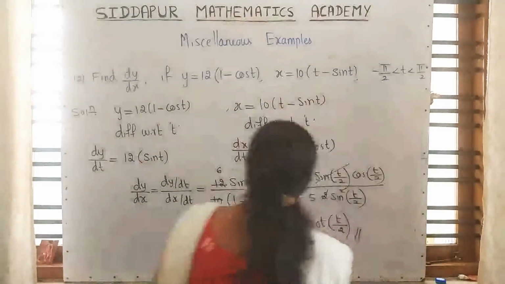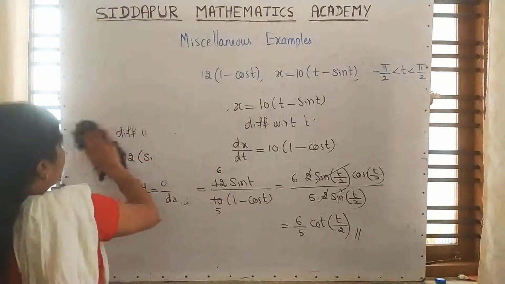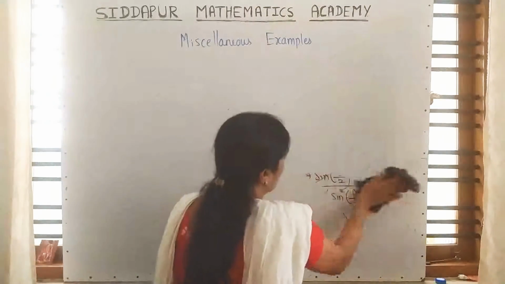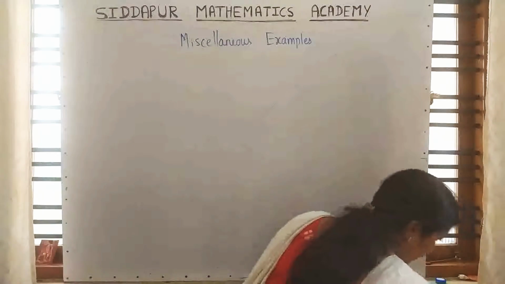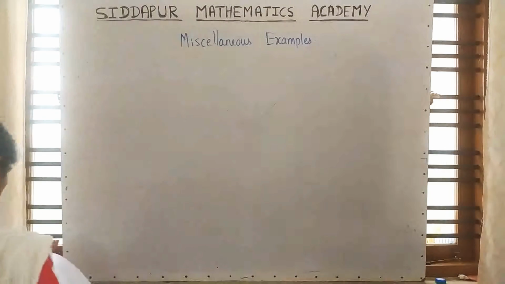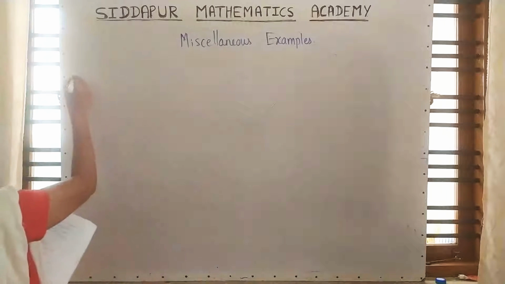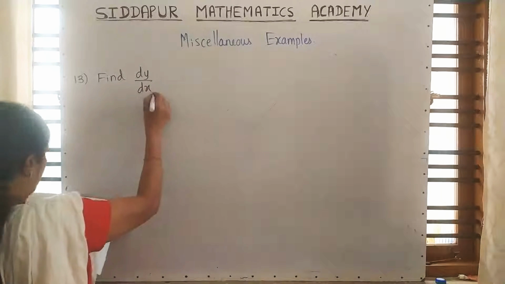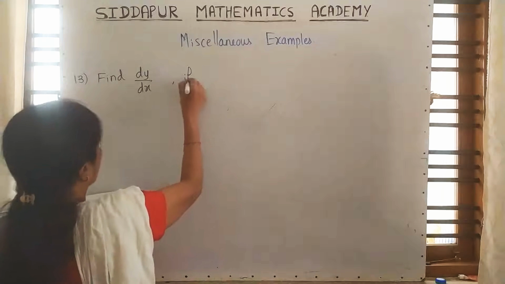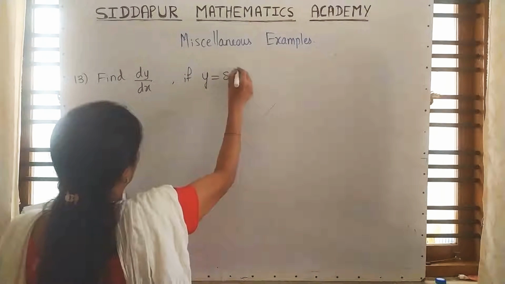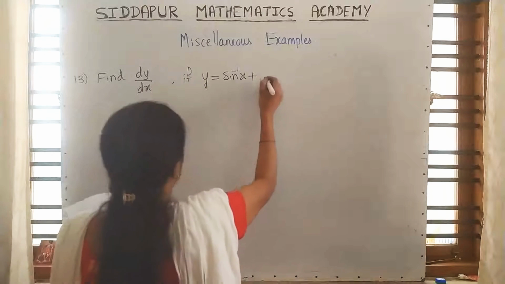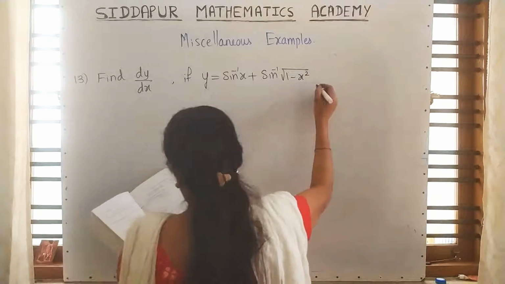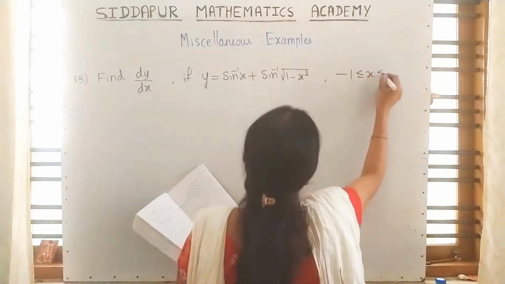Moving to the next question, that is question number 13. Find dy upon dx. y is equal to sin inverse x plus sin inverse root 1 minus x square, where x is lying between minus 1 to plus 1.